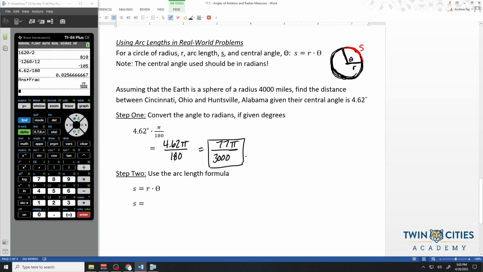Now, to use the arc length formula. The arc length formula is s equals r theta. r, in this case, is going to be 4,000 miles, times theta, this is 77 pi over 3,000.